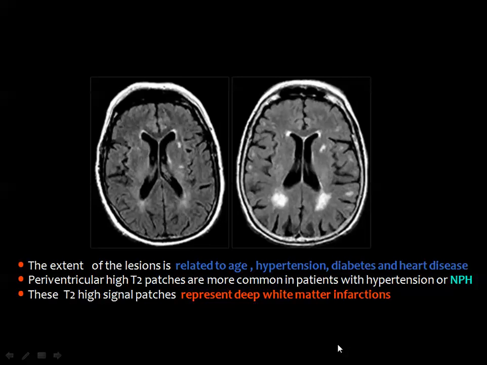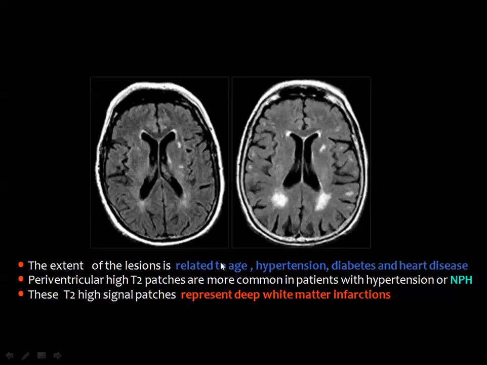Then we usually say that these lesions represent small vessel disease or ischemic white matter changes which are related to the presence of arteriosclerosis, which is a common finding in old age.